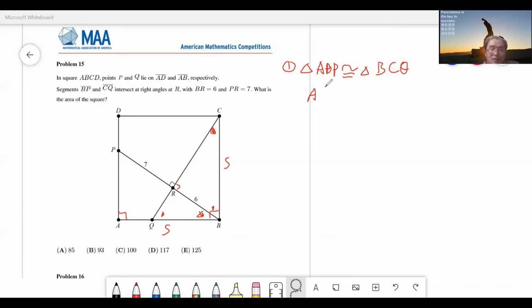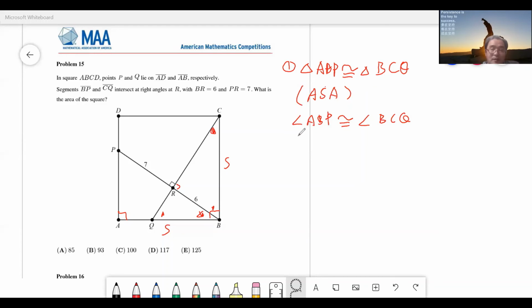So by angle, side, angle, angle ABP is congruent to angle BCQ.